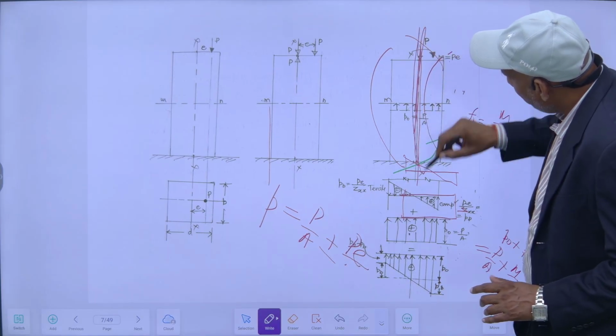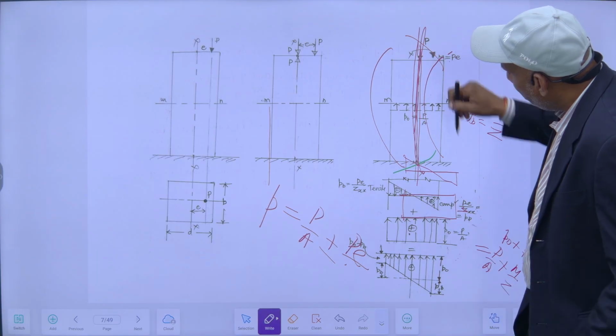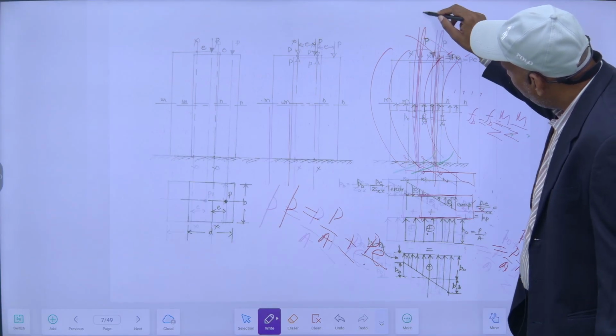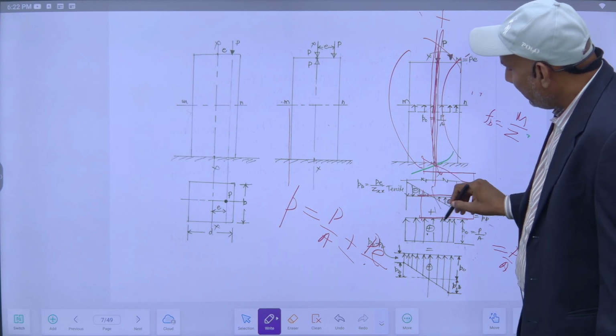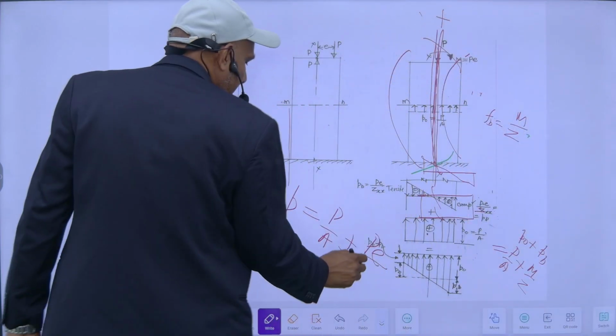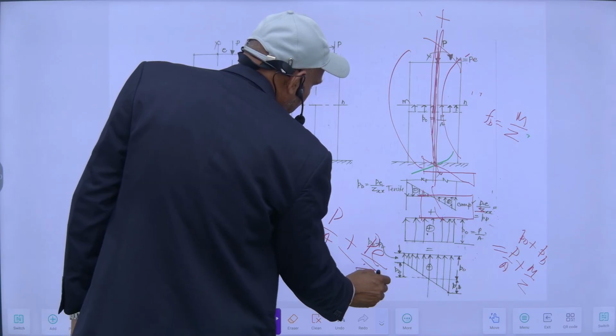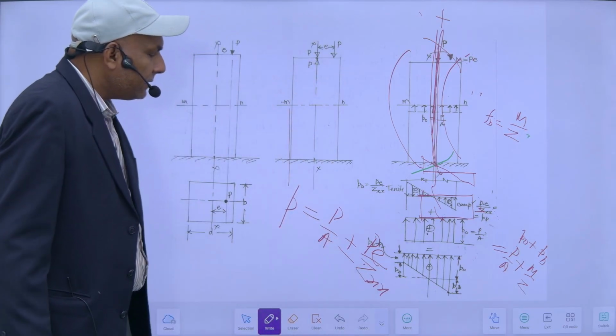Along this axis, I have to take the moment of inertia and section modulus. Suppose this is my x-axis, so my Z will be about this axis.